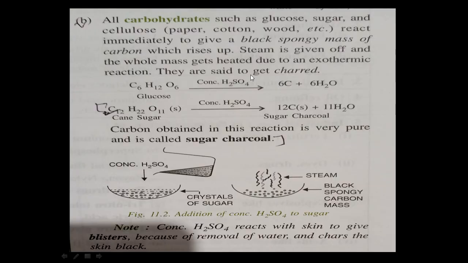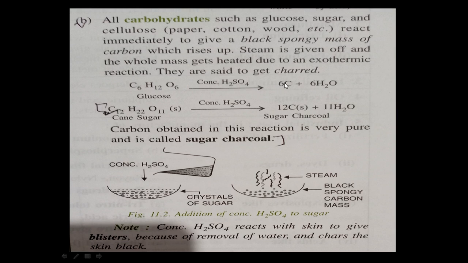Then all carbohydrates such as glucose, sugar and cellulose, paper, cotton, wood, etc., react immediately to give a black spongy mass of carbon which rises up. Steam is given off and the whole mass gets heated due to an exothermic reaction. They are said to get charred. So glucose, when it reacts with concentrated sulfuric acid, gives carbon only.